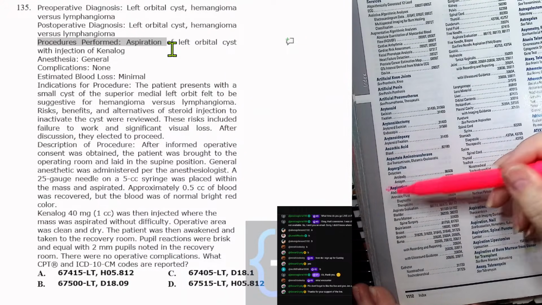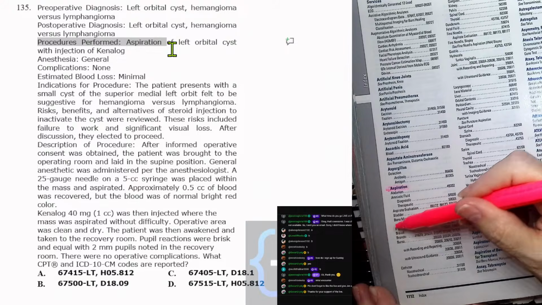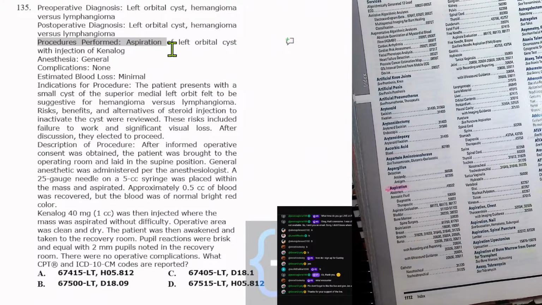Are we doing abdomen, amniotic fluid, bone marrow, all the way down? What body part did we do? We did an orbital cyst. So where would I find that? Underneath here, would I find it under cyst or under eye? Those kinds of things you've got to think about super fast.